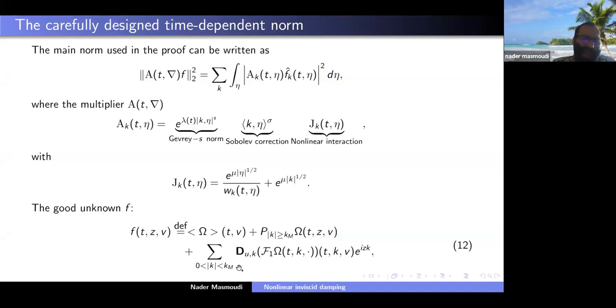For k bigger than km, the non-local term becomes very small, so we can just absorb it. There's no need to correct in that case because of some extra smallness that we get from inverting the Laplacian there.